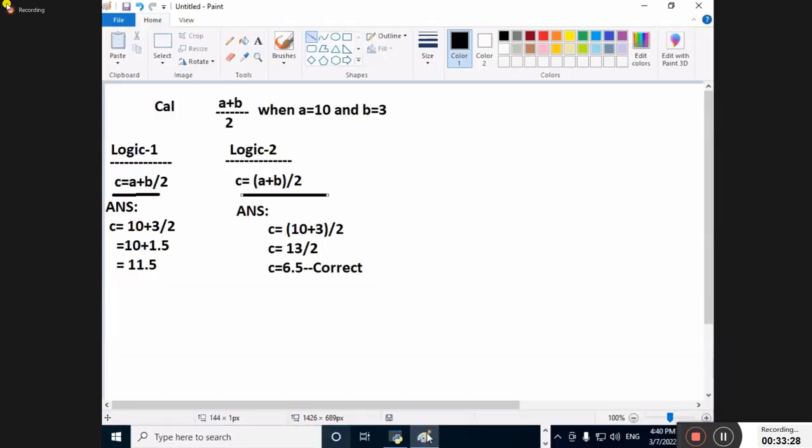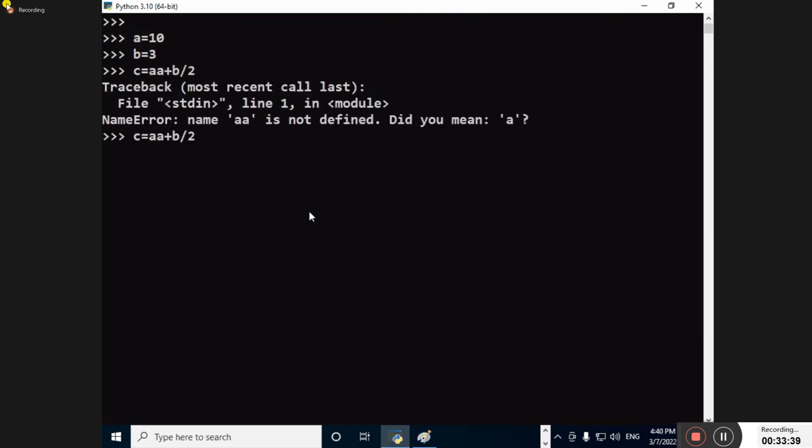So let us go to the Python environment, students. a = 10, b = 3, c = a + b / 2. print(c). See, this is one answer. Next, a = 10, b = 3, c = (a + b) / 2, print(c).